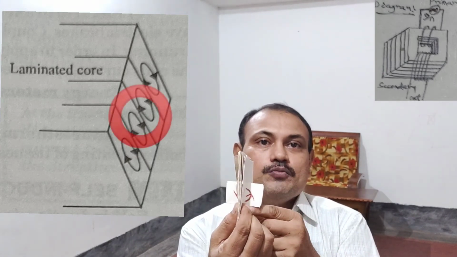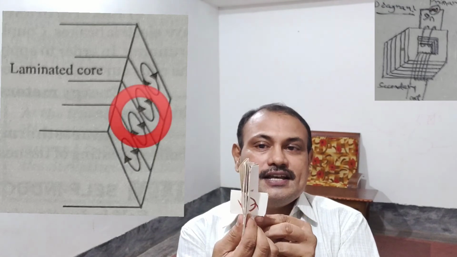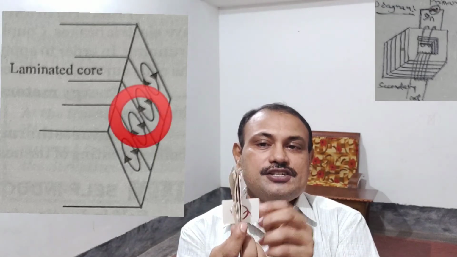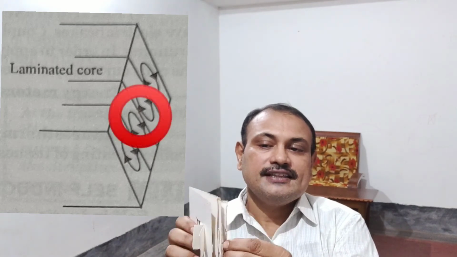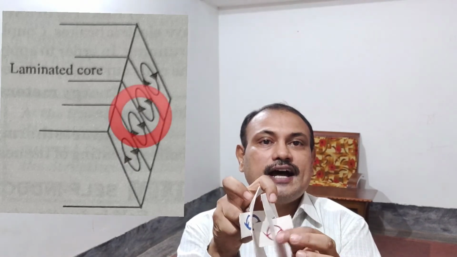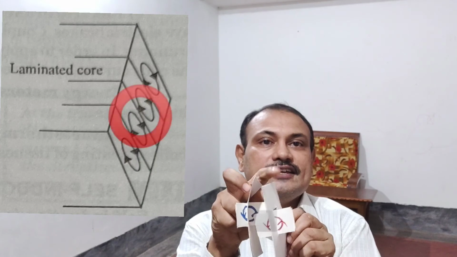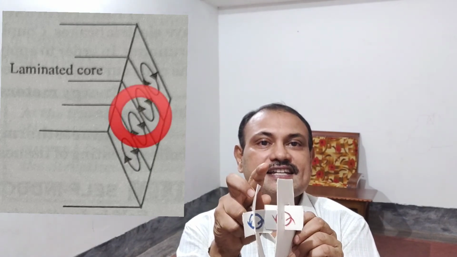And when you make the transformer by laminated cores, if I take away one of the components, you see that each component at the interface will cancel. So at the interface, I have given colors here. In the interface at these regions, the components are cancelling each other.